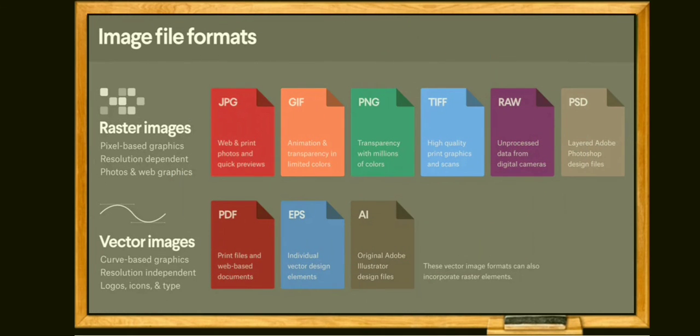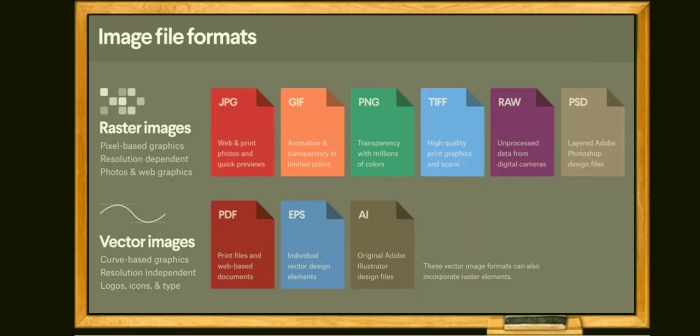Vector graphics comprise paths which are defined by the start and end points along with other points, curves, and angles along the way. So the path can be a line, a square or a triangle, or a curvy shape. These are some examples for saving your image file format.